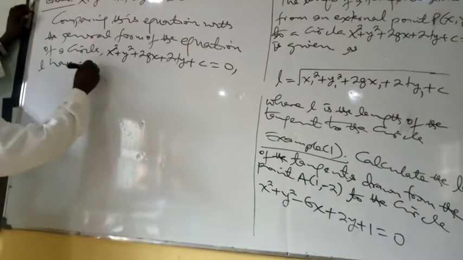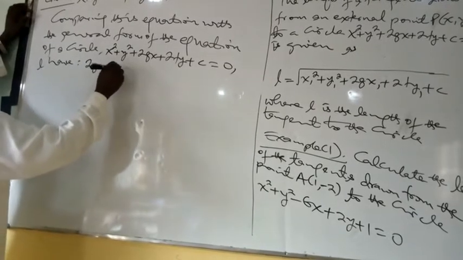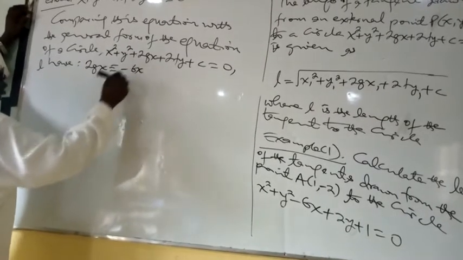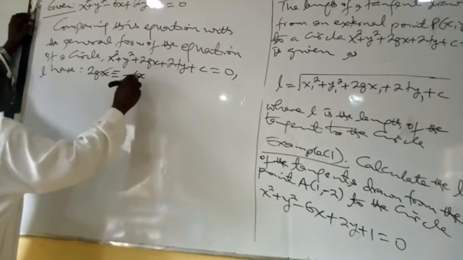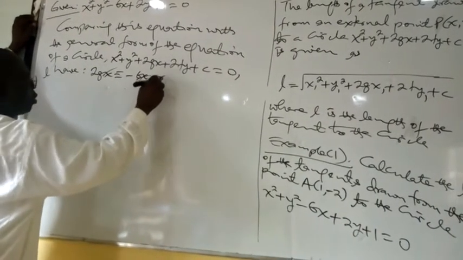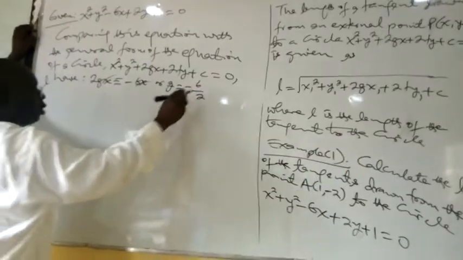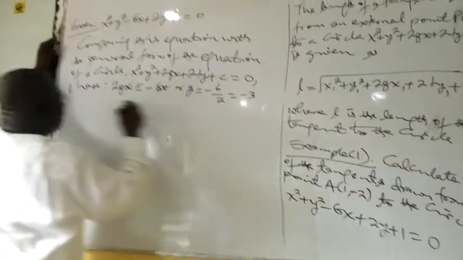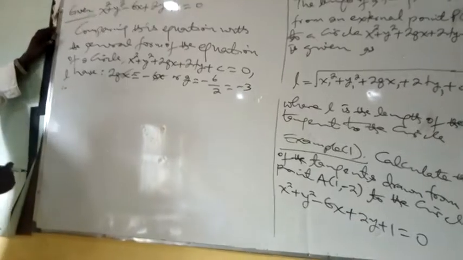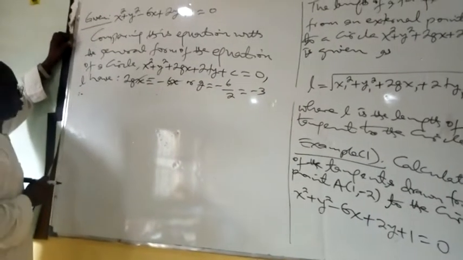So you have 2gx is equivalent to minus 6x. This x will cancel x, or g is equal to minus 6 over 2, which is equal to minus 3. So the value of g is minus 3.